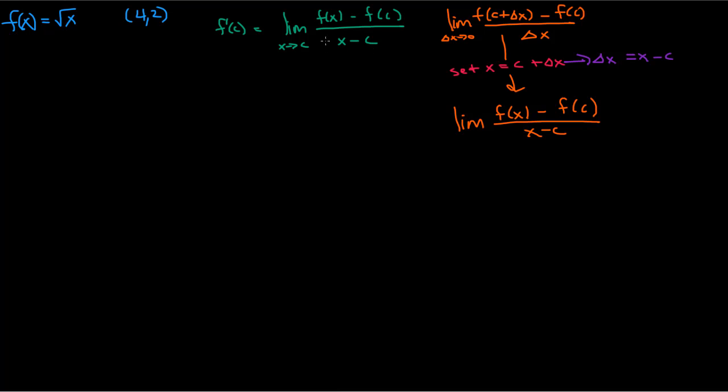So that's where we get this little portion from, because as delta x goes to 0, x and c approximate each other. So again, this is where it comes from: the limit as x approaches c of f of x minus f of c over x minus c.